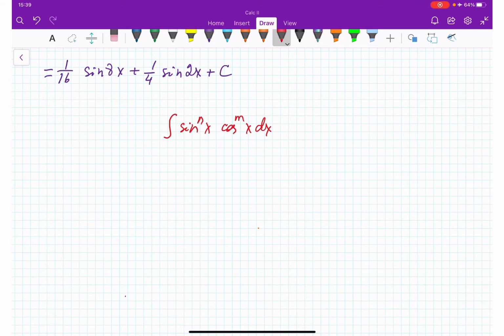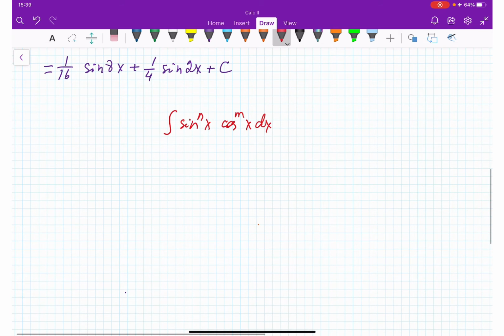First of all, we are going to look at exponents n and m, where n or m or both are odd.